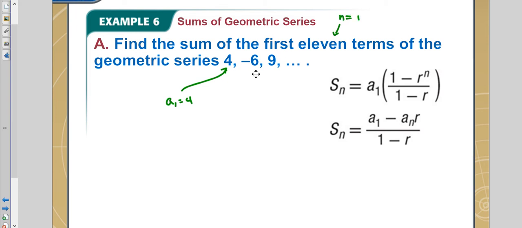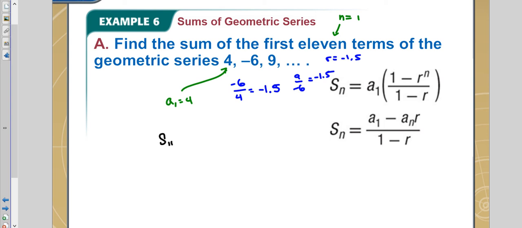To find the rate, we would take the second term and divide it by the first, which is negative 1.5. Let's check it real quick. Is 9 divided by negative 6 also negative 1.5? It is. So we got the rate now. The rate equals negative 1.5. So we'll use the top formula since that one has all the information we need.